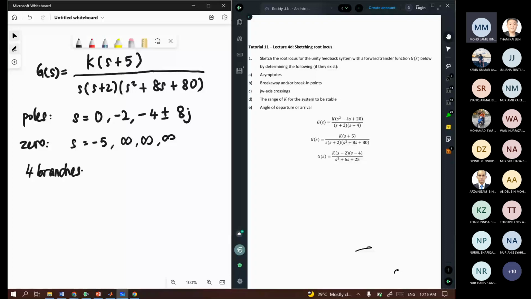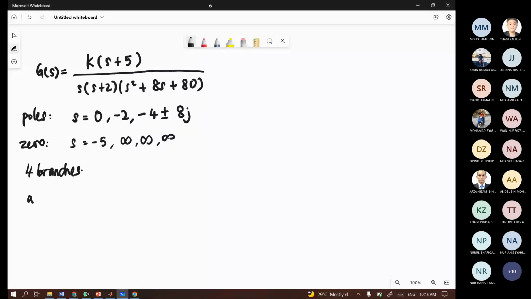And then from here we can calculate the asymptote. So we can find the real axis intercept.